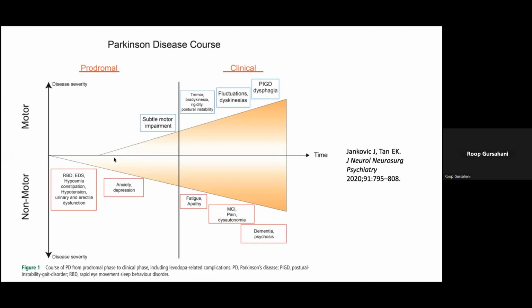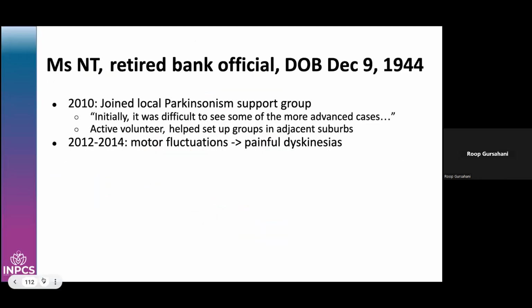But what we are often not aware of are what are termed the non-motor symptoms of Parkinson's. In the early stages, it's psychological, then there's fatigue, pain, dysautonomia, which means autonomic features also predominate. And because it is neurodegenerative, it overlaps with dementia. Towards the end, most Parkinson's patients will have dementia.